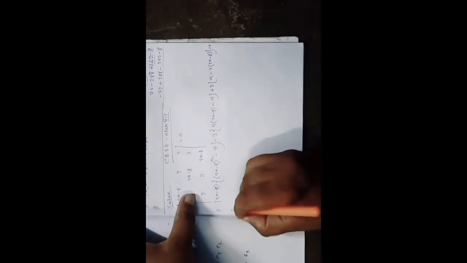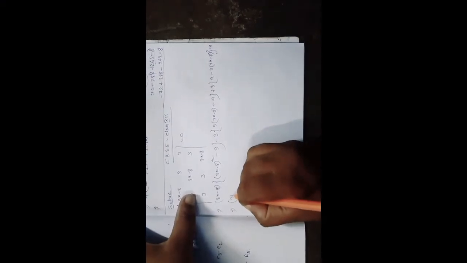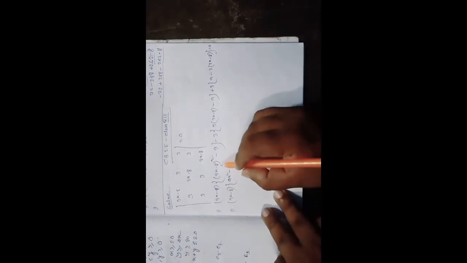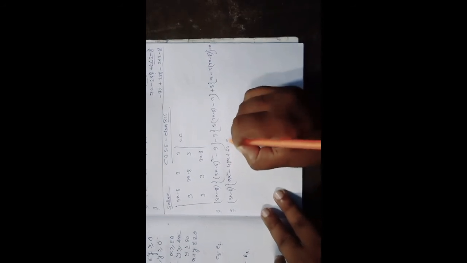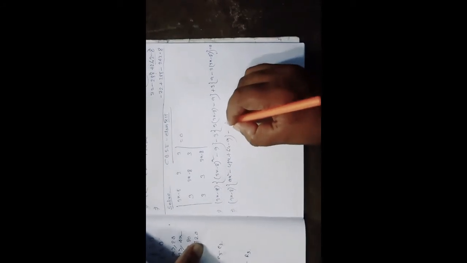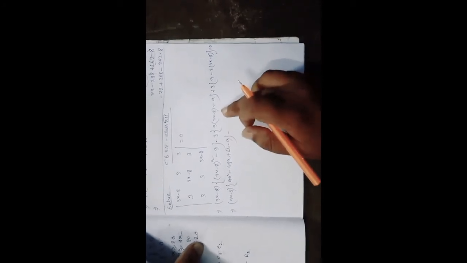Okay, so here this is 3x minus 8, this we have to break up, that is 9x square minus 48x plus 64 minus 9, minus this.